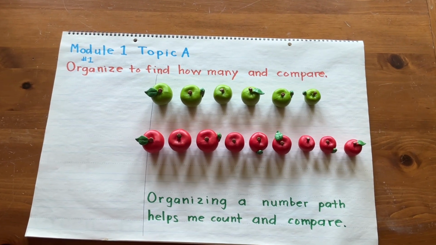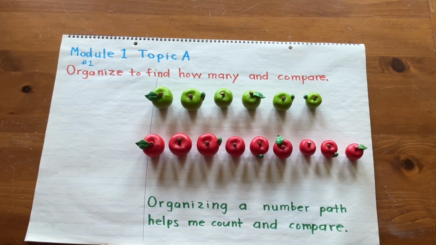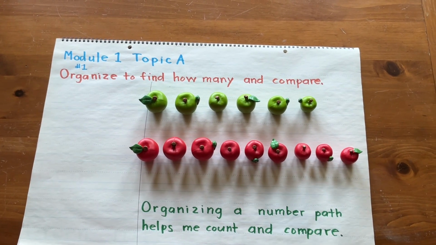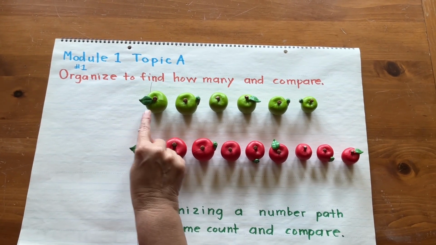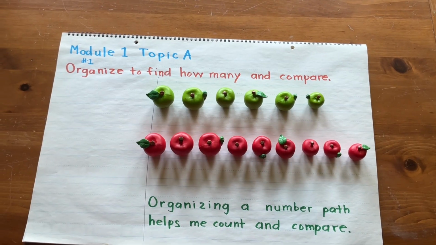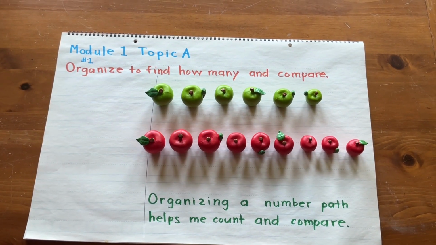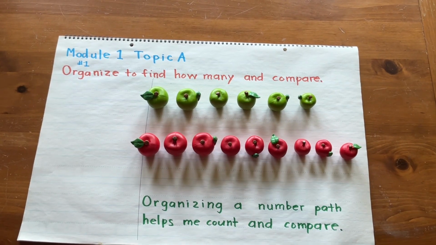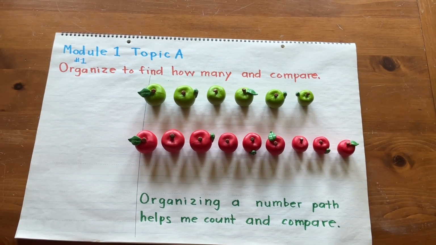Then they compare. I notice there are more red apples than green apples. So that tells me there are fewer green apples than red apples.